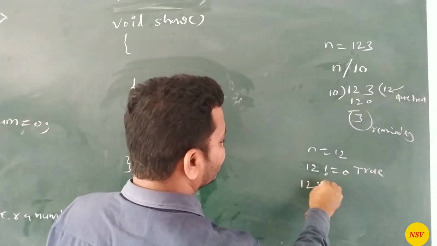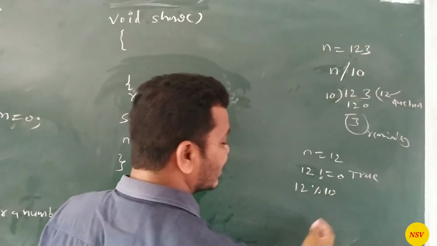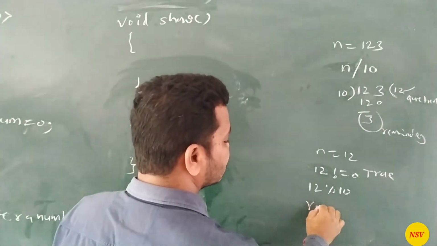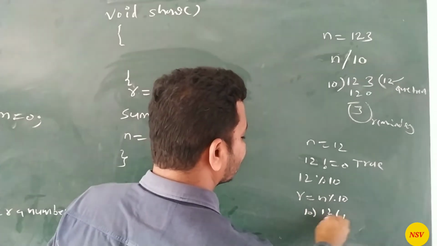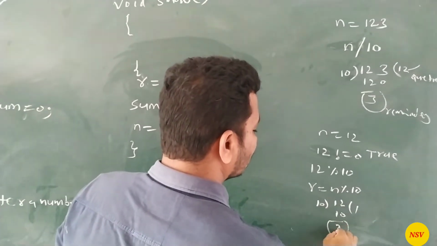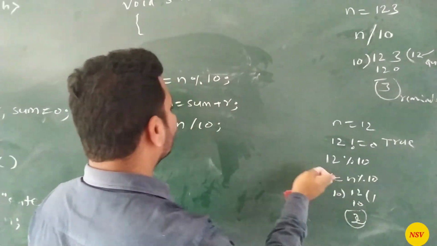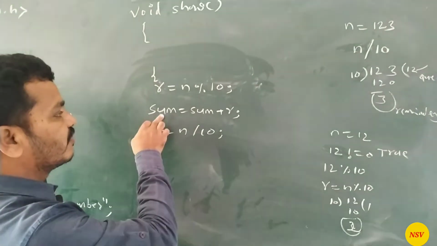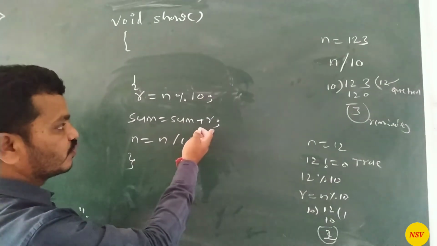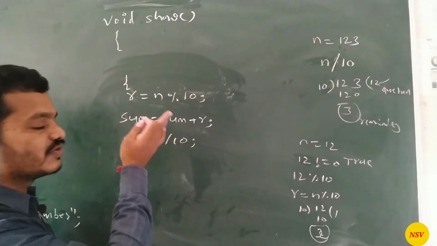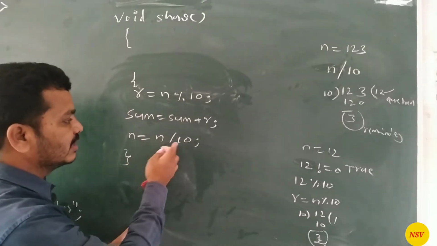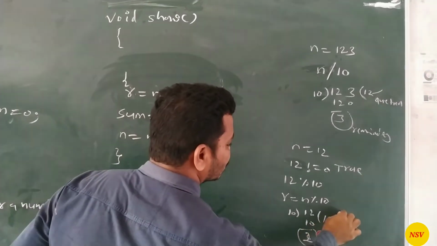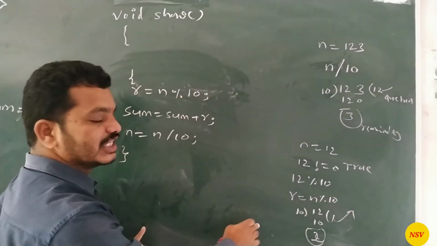Then 12 modulus 10: 12, 10 ones are 10, then remainder 2. So the r value is 2. Initially the sum value is 3, and 3 plus 2 is 5. The sum variable holds 5. Next n division 10 returns the quotient value.